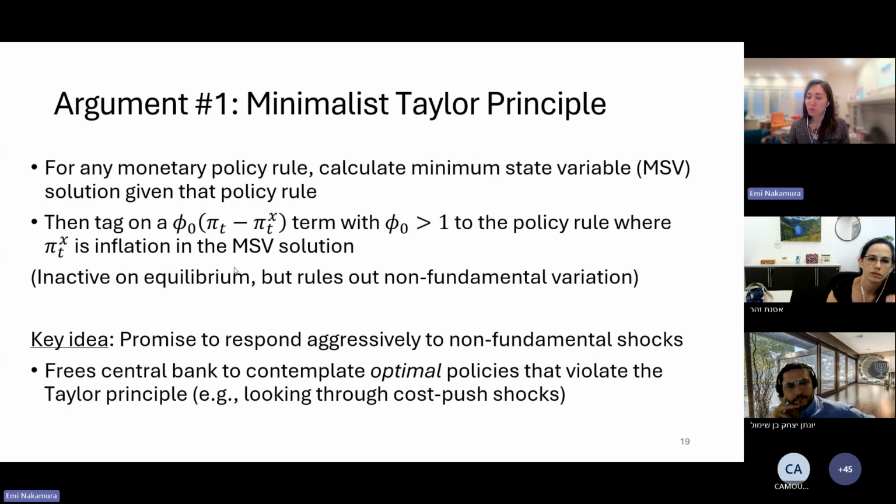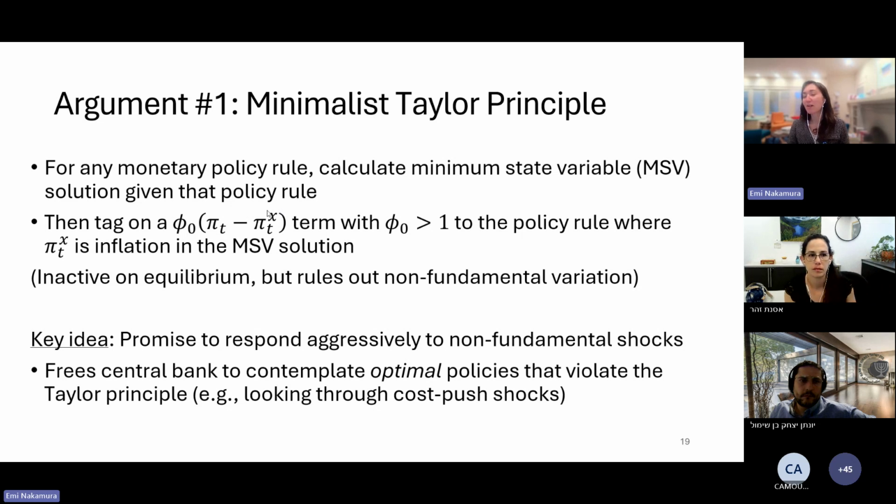And then in the monetary policy rule, you can tag on an additional term that says that the central bank will respond aggressively to inflation that deviates from this minimum state variable solution.